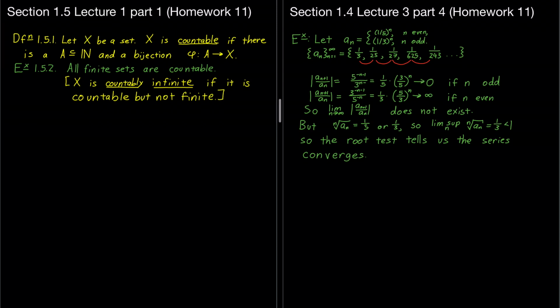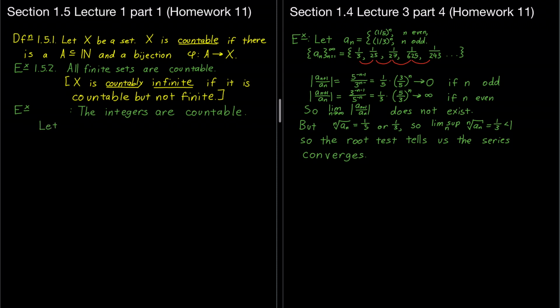And let's have another example. The integers are countable. And notice that there's more integers than natural numbers. The natural numbers are a subset of the integers. But here's how we do that.